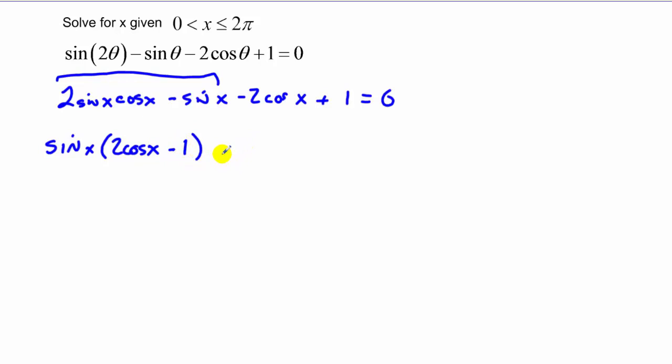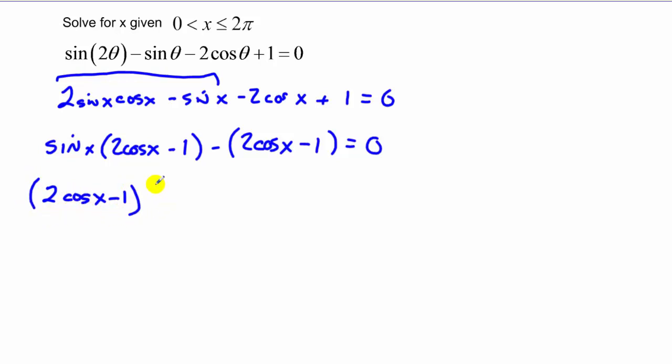And then I'm going to pull a negative 1 out of the next term, minus 2 cosine of x minus 1. And you'll notice I've grouped that nicely, such that I have another common factor of 2 cosine x minus 1 that I can factor out. And that leaves me with the sine of x minus 1.